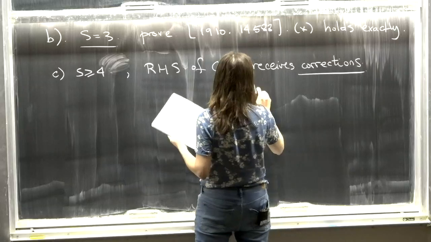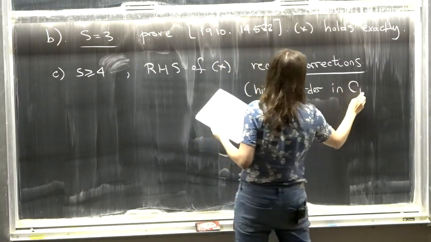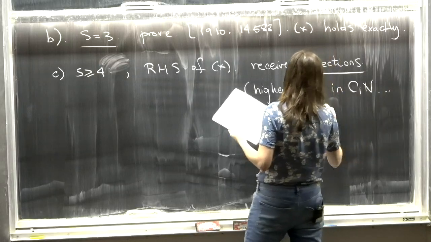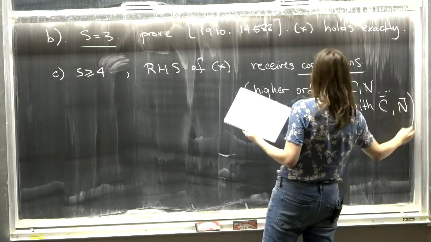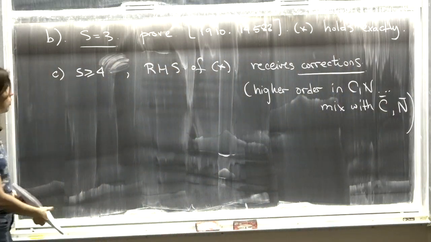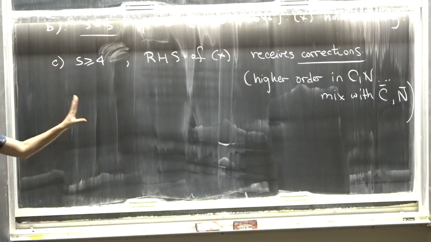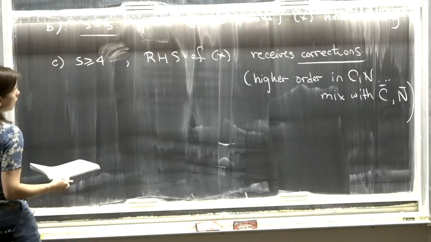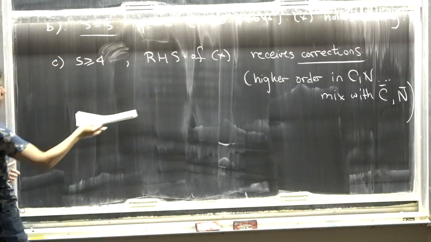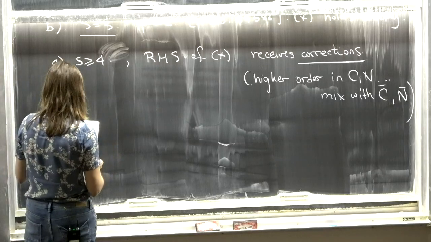There will be higher order terms in C and N, and they will mix with C bar and N bar as well. There is just no known nice structure. Although some analysis to all orders has been performed for the analog of this problem in Yang-Mills theory. There are similar structures there that I'm not going to have time to discuss, but there has been some recent progress in identifying these corrections to these equations in classical Yang-Mills theory.